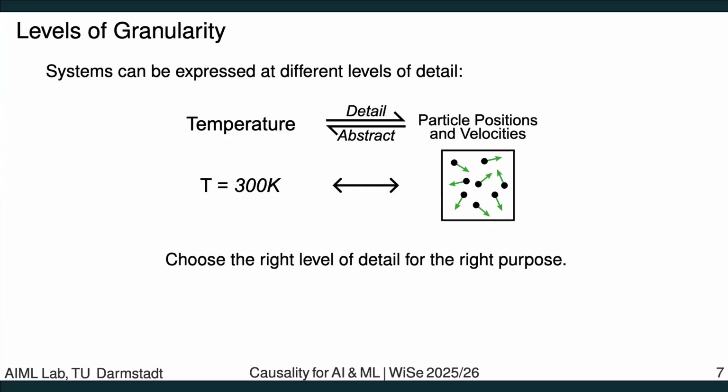All we care about is the temperature. And now we need to find a way to transition between these models. So basically, we throw away the position information. We don't need that. We look at all the velocities and compute the energy or the temperature in the system.